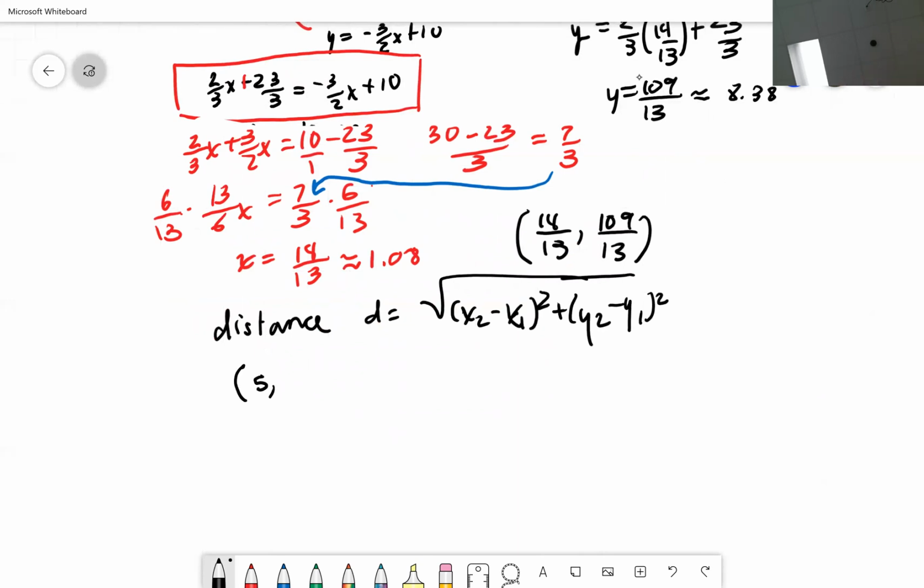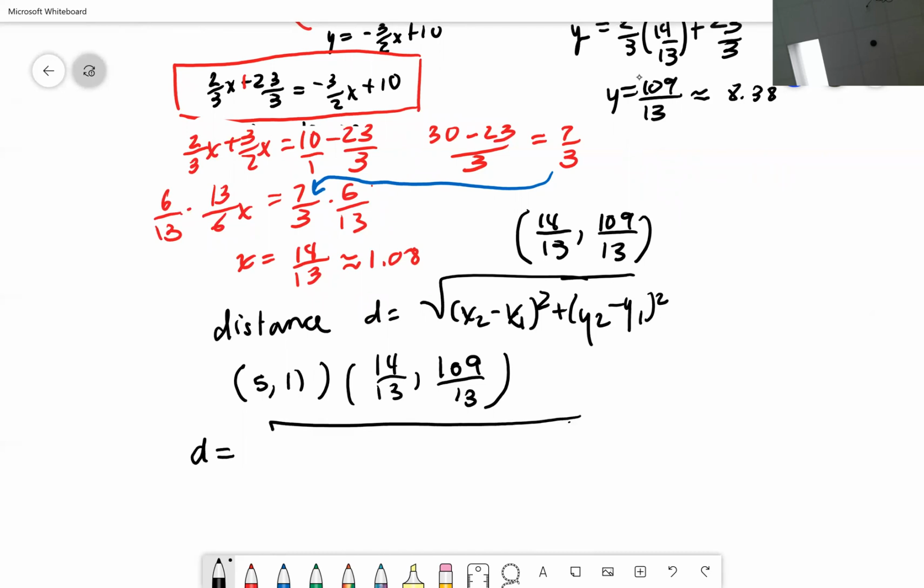I have 5, 11, and we have 14/13, 109 divided by 13. So we proceed. Distance equals the square root of 14/13 minus 5 squared plus 109/13 minus 11 squared.